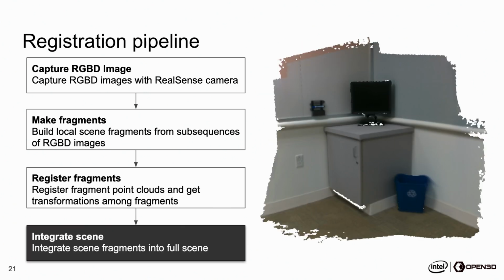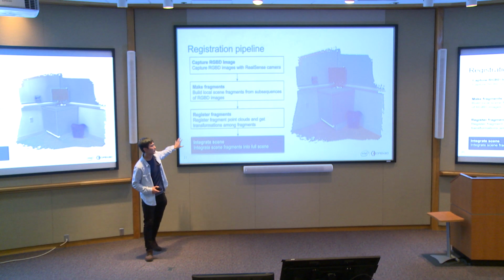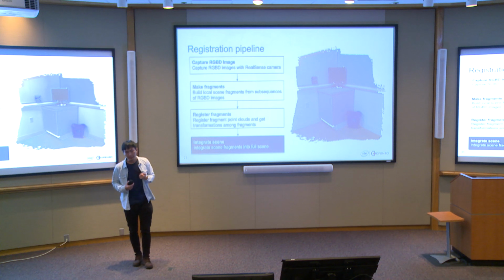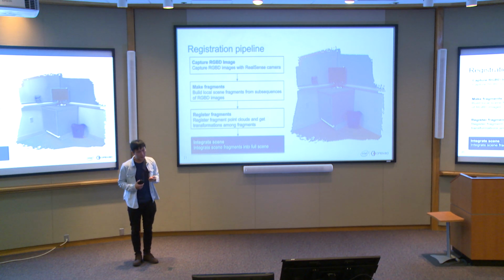So the final step is that we integrate the scene. Right? At this point, we will use the TSDF volume and then run a marching cube algorithm to extract the mesh out of the integrated TSDF volume. The TSDF volume is responsible for integrating multiple RGBD frames.